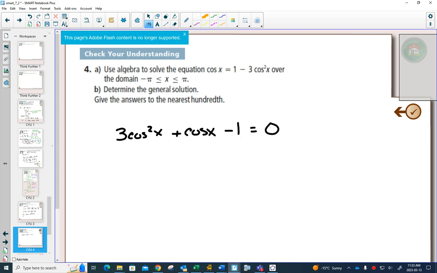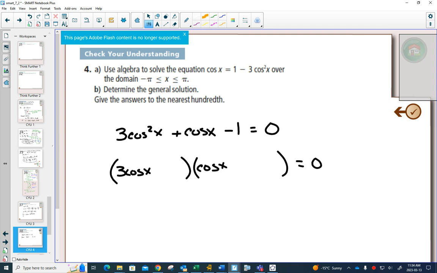Unfortunately this one you cannot factor, but let's say you tried to factor. I want to show you, how do you know that something can't be factored? Well, if this could be factored nicely, the only nice numbers that give you 3 cos squared would be 3 cos x and cos x.